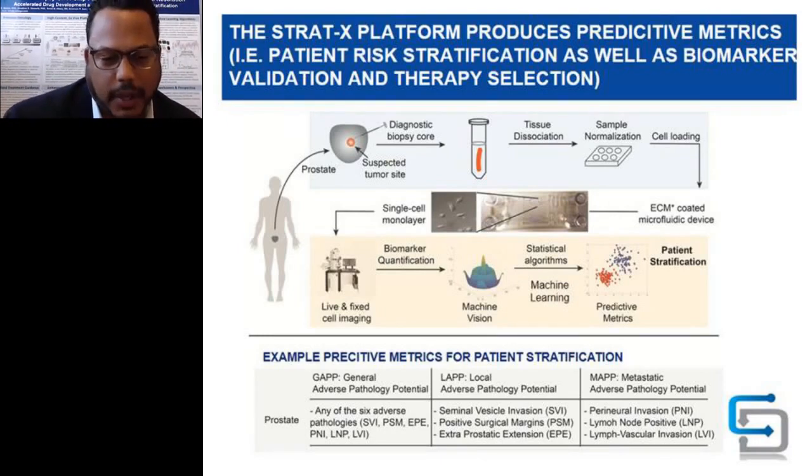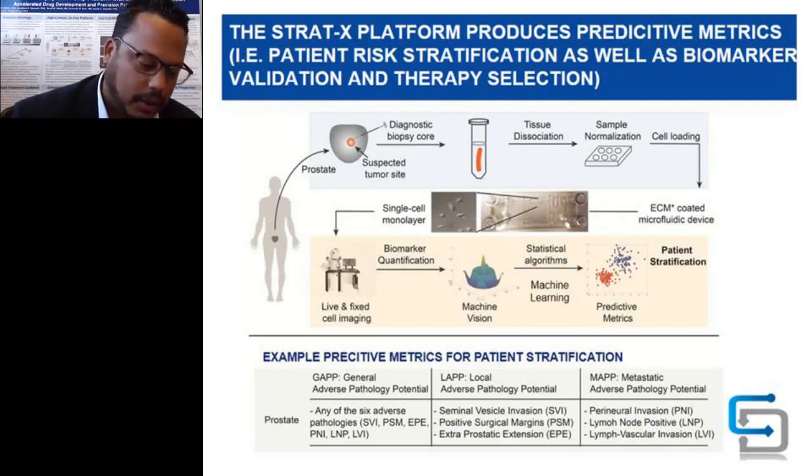And so the example that we'll be moving forward with is the ability to predict whether a patient experiences surgical adverse pathologies. And these predictions are very useful in terms of patient stratification. For example, a Gleason 6 or a Gleason 7 patient may need to understand whether they're at risk, being a traditionally or classically defined low risk or intermediate risk patient, whether they're at risk for having a surgical adverse pathology, to understand whether or not to go through active surveillance or to undergo definitive treatment.